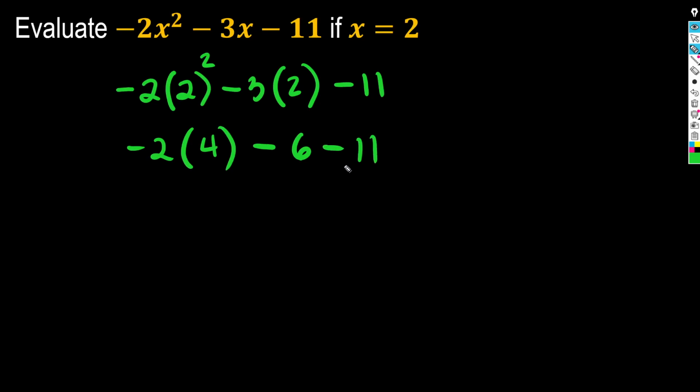Right? Now you continue with the solutions. So a minus 2 times 4. That's a minus 8 minus 6 minus 11. Again, it is hoped that at this point, when it boils down to a question like minus 8, minus 6, minus 11, we no longer have different answers. I hope they're all the same. Because if we still have different answers now, it means someone is making a mistake. And if someone makes a mistake in this kind of question, well, that means you most likely did not give sufficient time for practice for adding and subtracting integers.